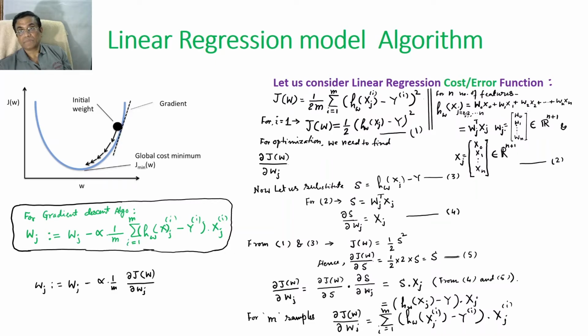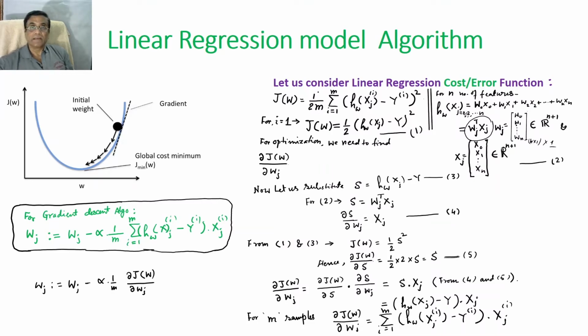So W belongs to an (n plus 1)-dimensional space. In vector form, we can write it like this, that you know. So this is my predictor.